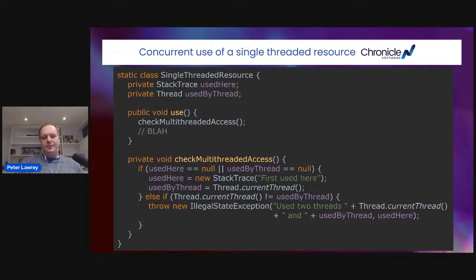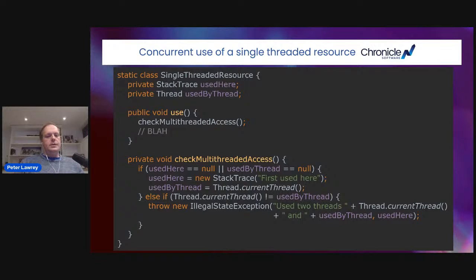Another use for taking a stack trace is being able to programmatically detect when a resource you've designed to be single-threaded is accidentally used across multiple threads. So in this case, what the resource does is it takes a stack trace of where it was first used and also records which thread used it.